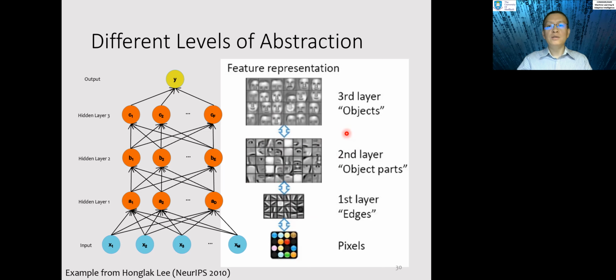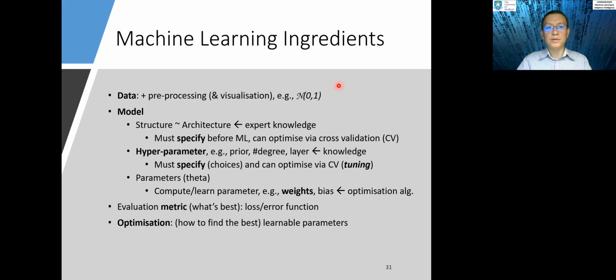And in the third layer, we learn objects that look more like human faces. So these are different levels of abstraction, with increased complexity as we go to higher layers.